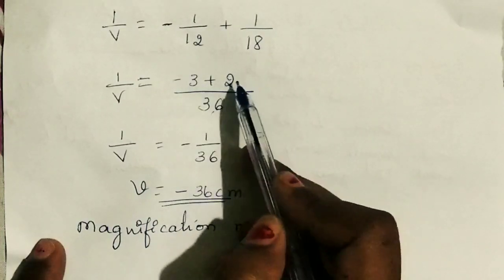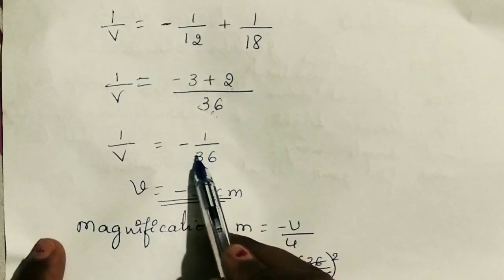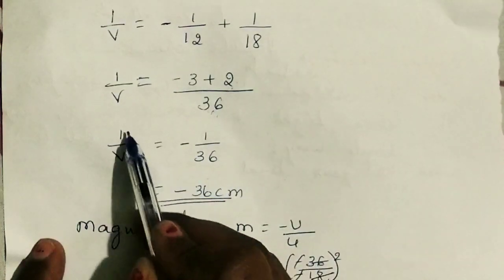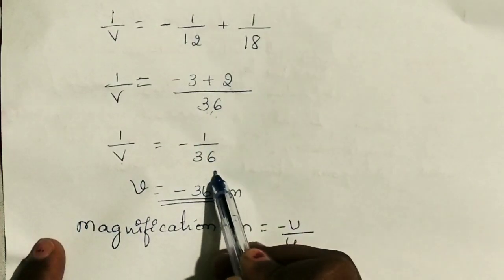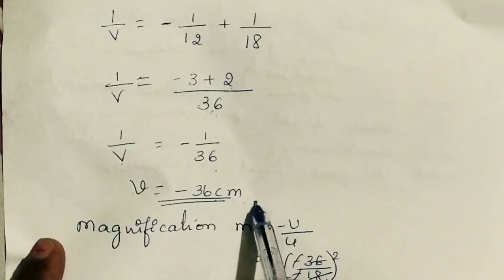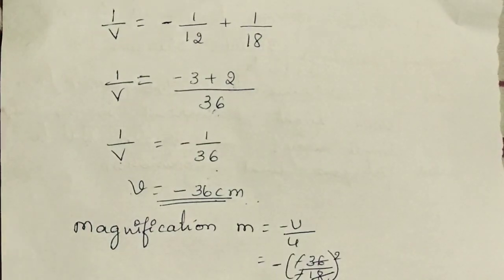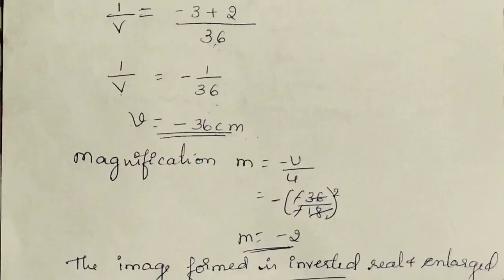Here minus 3 is there, here plus 2 is there. If I am subtracting, I will get minus 1 whole divided by 36. So 1 by v is equal to minus 1 divided by 36. So v is equal to minus 36 centimeter. So I got the image distance: v is equal to minus 36 centimeter.